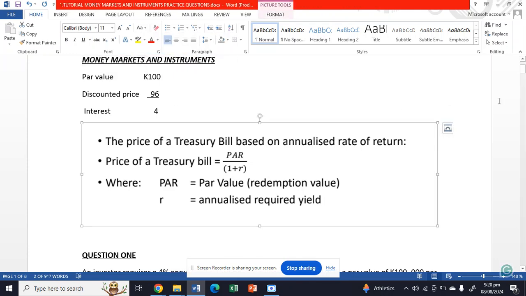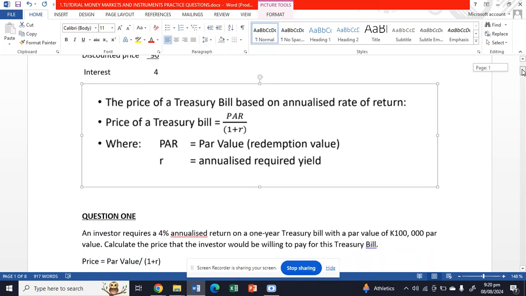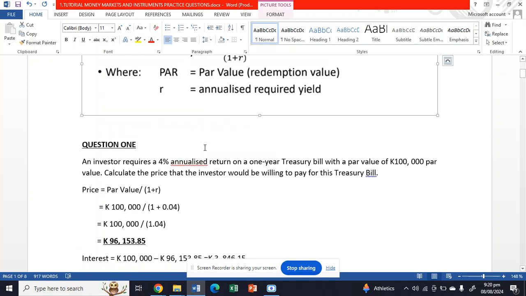All right, so let's look at how to calculate the price of a treasury bill. An investor requires a 4% annualized return on a 1-year treasury bill with a par value of 100,000. Calculate the price that the investor would be willing to pay for this treasury bill.